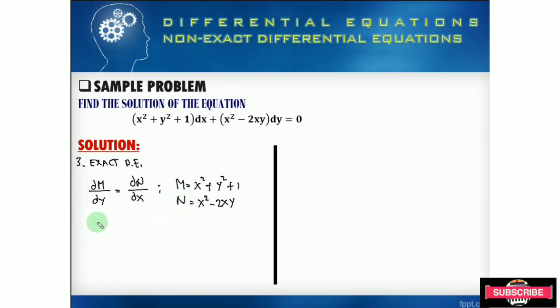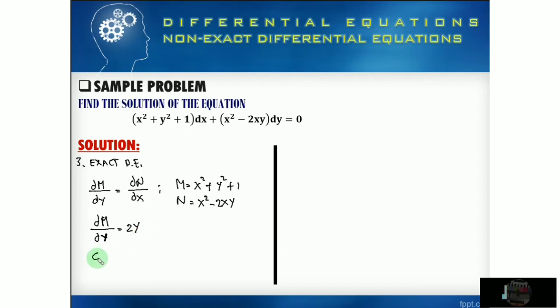So if you are going to determine this partial derivative of M with respect to y, again I will emphasize that with respect to y, meaning y is our variable, so any other terms except y are constants. So here, partial derivative of M with respect to y: this is 0, so this is 2y, and then this is also 0, so therefore we can say that this is 2y.